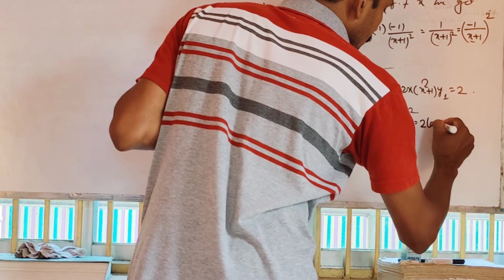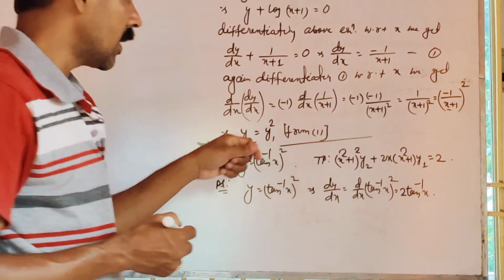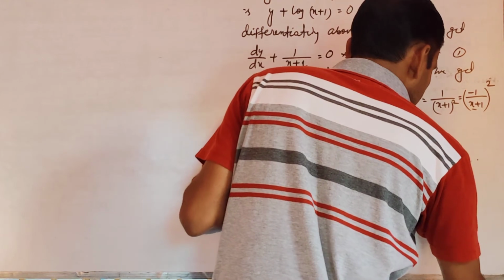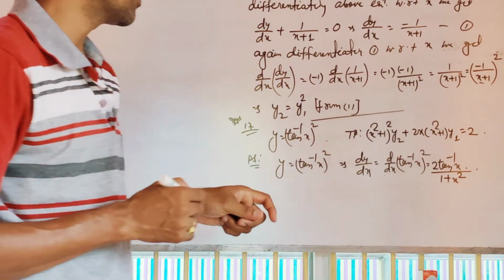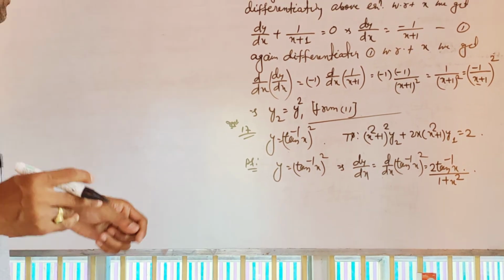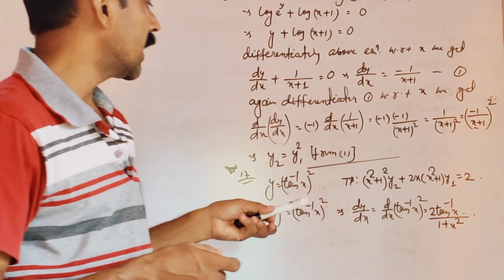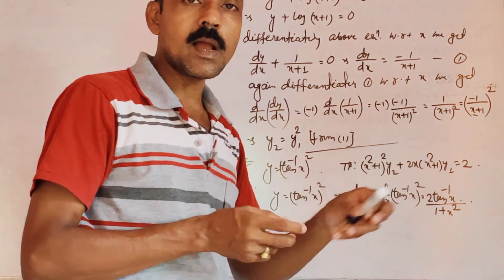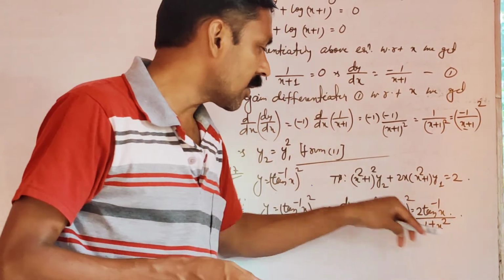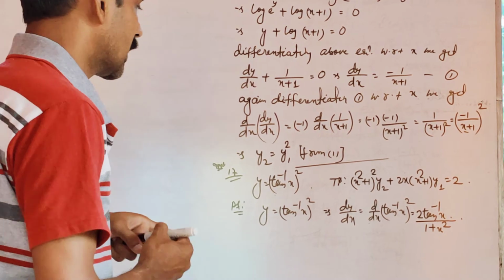That means 2 tan inverse x into derivative of tan inverse x, which is 1 by 1 plus x square. Now in the earlier question I told you, whenever in first order derivative the right hand side is in p by q form, then always cross multiply. So here it is in p by q, so we will cross multiply.